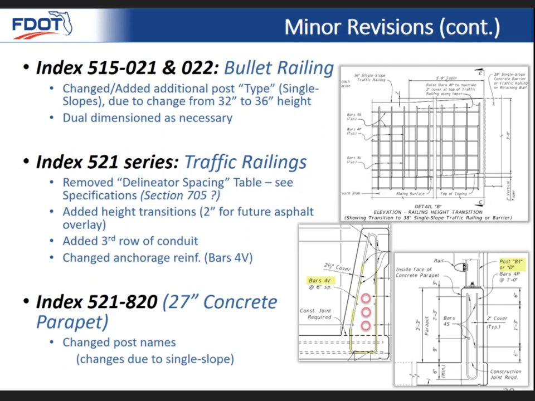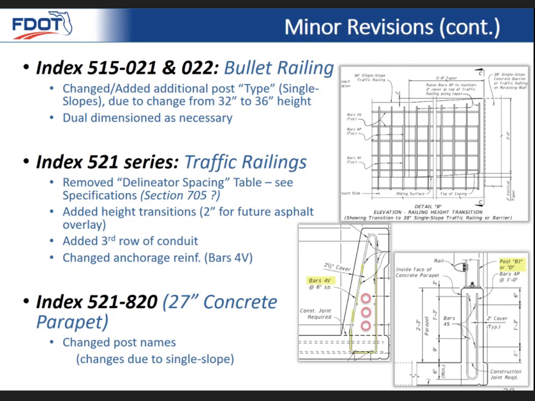The height transition between roadway and bridge to accommodate the 2-inch future asphalt overlay results in some transition details from 36 to 38-inch height. And then we've also made some changes to accommodate 3 rows of conduit in the traffic railings.